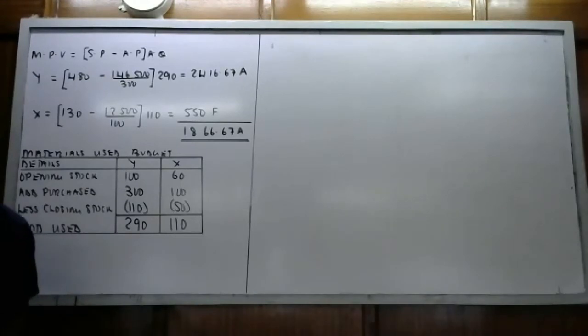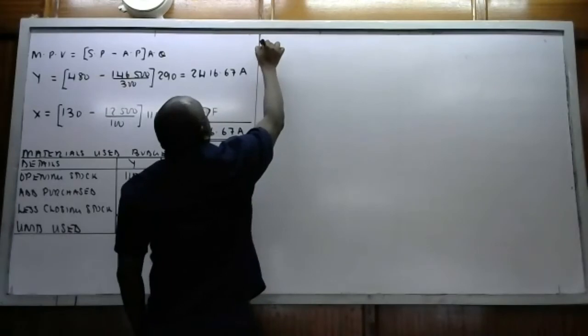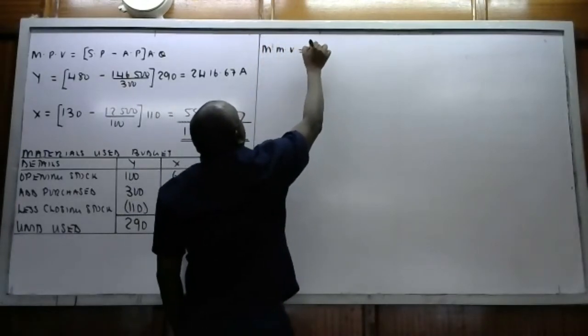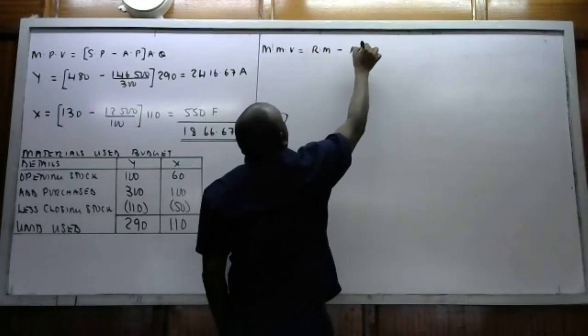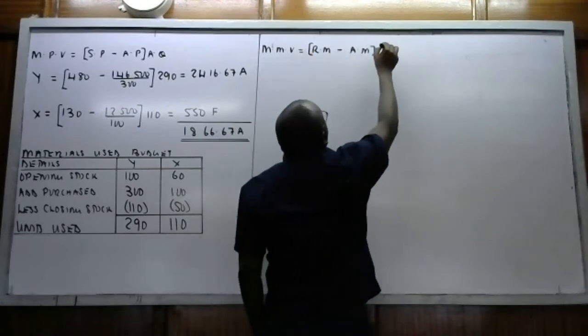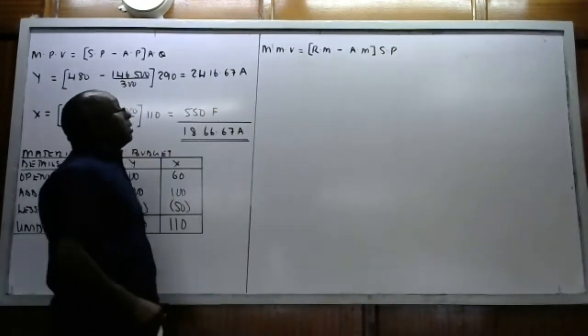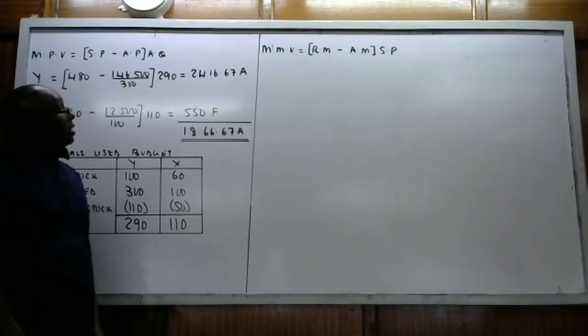The next one is called the material mix variance. Material mix variance is given as revised mix minus actual mix, and you multiply by the standard price.